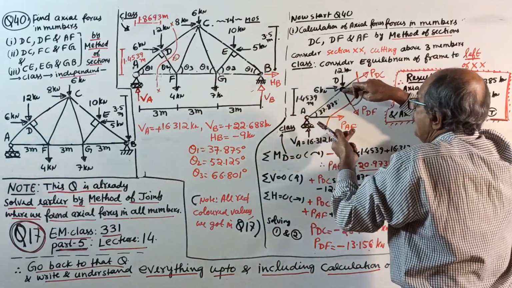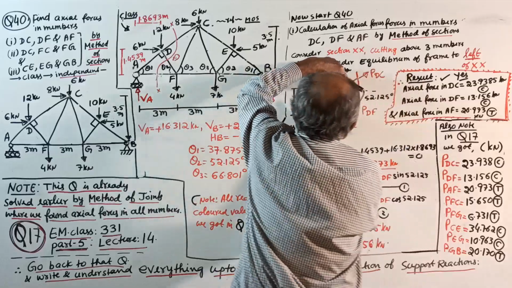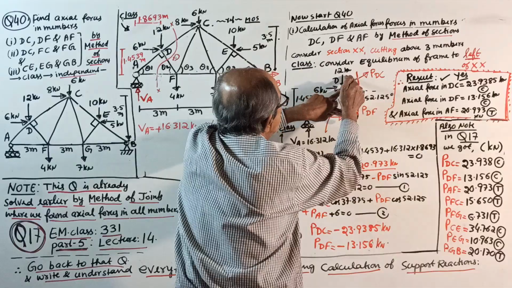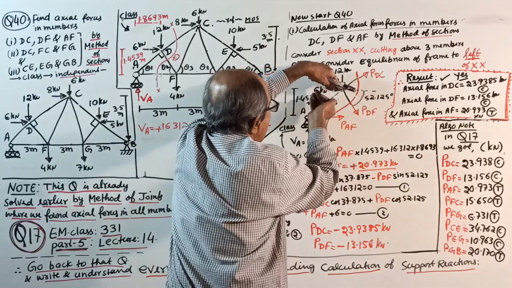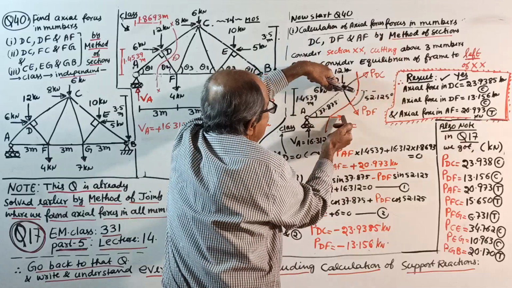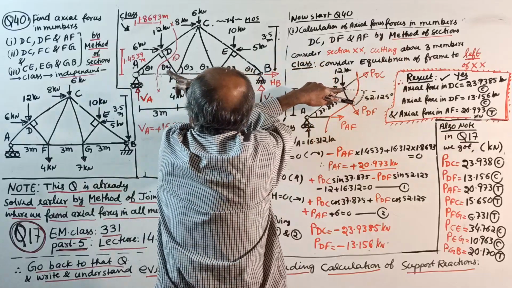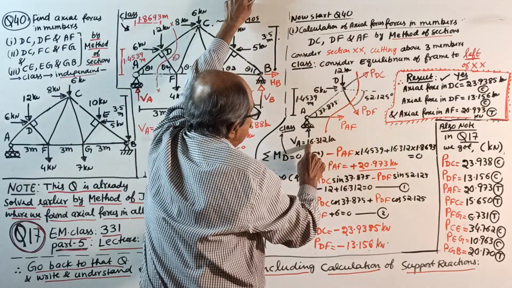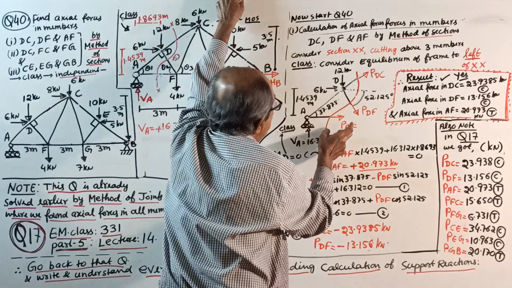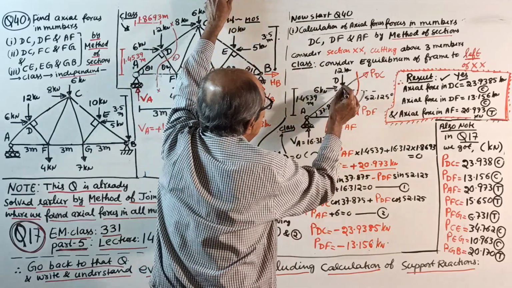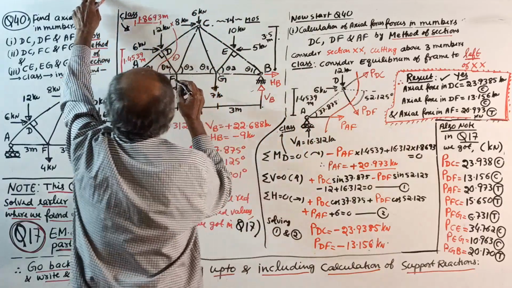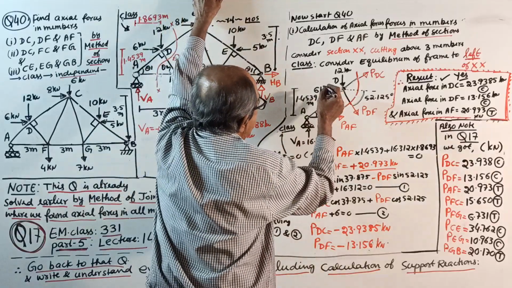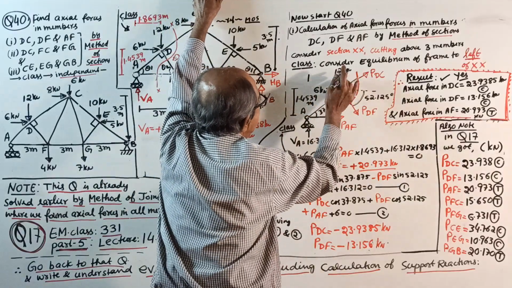See, unknown first. These PDC and PDF are 0. 12 also into 0, 6 also into 0. Minus PAF into this height, 1.4539, plus 16.312 into the distance from here to here. How much is it? 1.8639. You have to mark it somewhere. From here to here is D point.